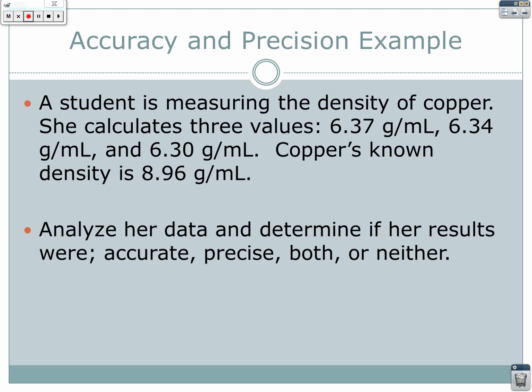I want you to take a minute and pause the video right now and analyze her data to determine if her results were accurate, precise, both, or neither. Please take a minute now to pause the video and think about her data.